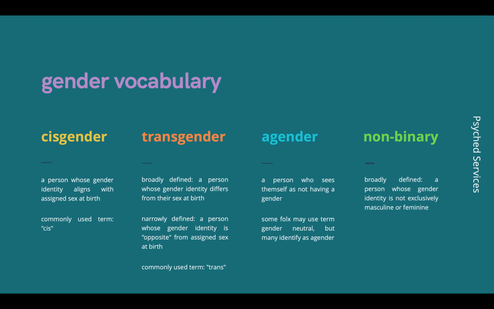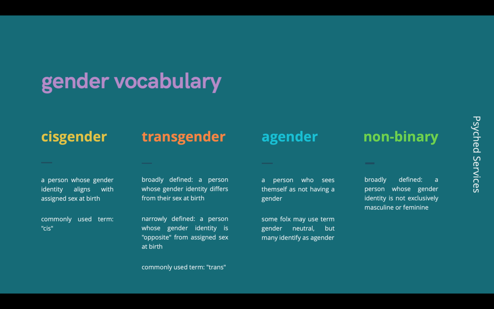So as you meet people who are trans or gender nonconforming, if they use a term that you're unfamiliar with, I would recommend look it up. Or if you're in a situation and you feel like you know the person pretty well and you feel comfortable and you think they would feel comfortable, you can always ask them what that means. Okay, so that's cis and trans.